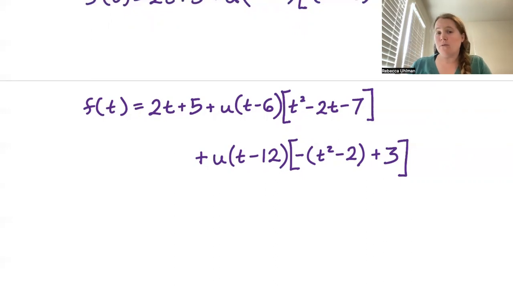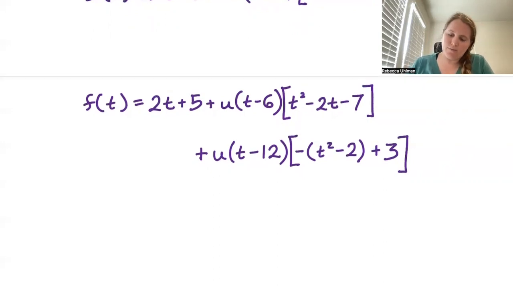Beyond 12, both step functions equal 1, so adding it all up we have t squared minus 2, then minus t squared minus 2. That all goes to 0, and we're left with the 3 that we wanted. So this is our final end result.